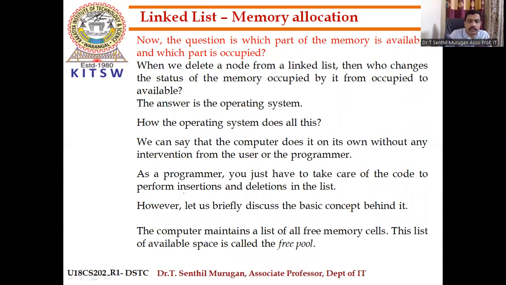See here, the computer maintains a list of all free memory cells. This list of available space is called the free pool. The operating system will maintain the free pool. This free pool has all the free spaces which are not already allocated.